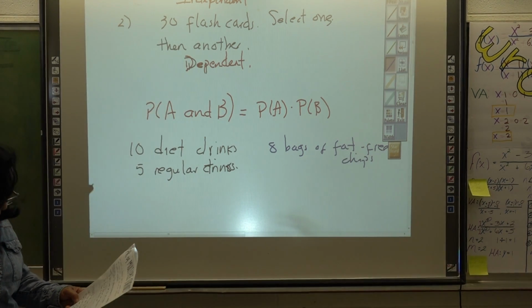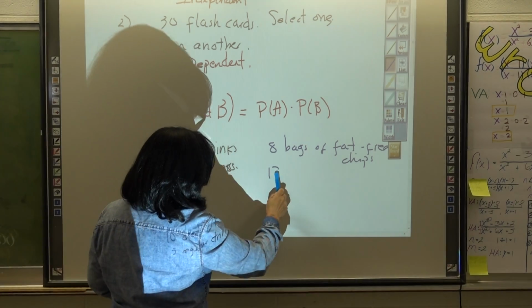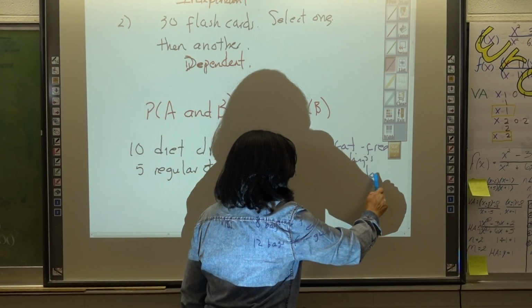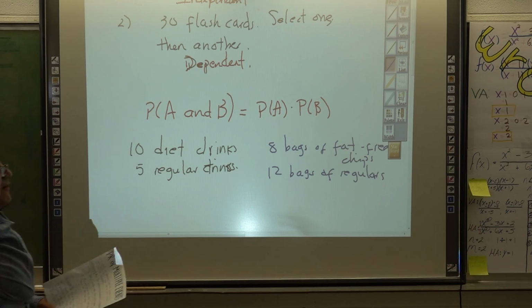Also, we have 12 bags of regular chips. Okay. If you grab 1 drink and 1 bag of chips, without looking, what is the probability that you get a diet drink and fat-free chips?